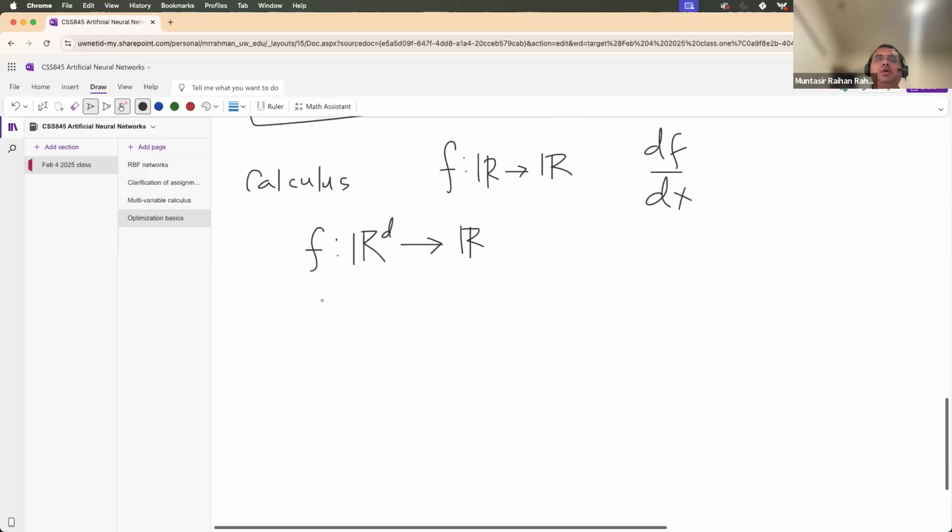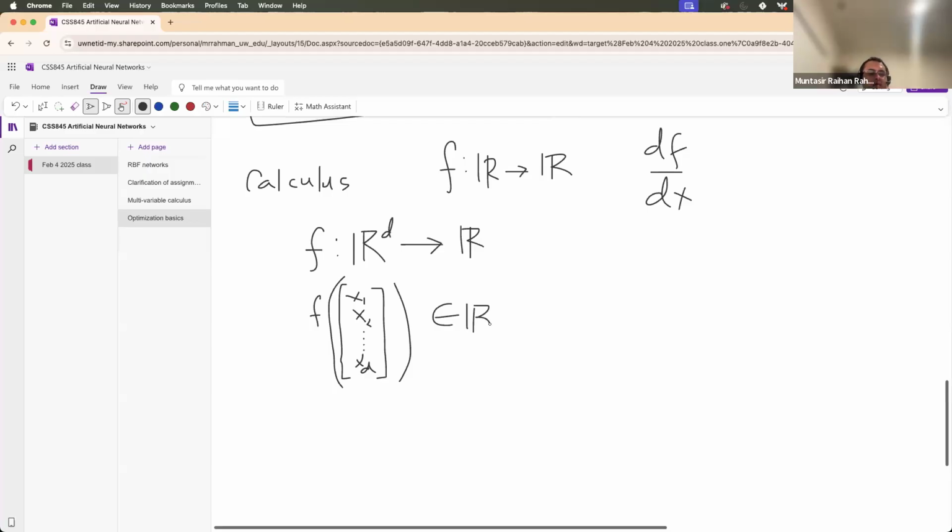The input to this function is a vector, in this case a d-dimensional vector, and we get back just a real number.